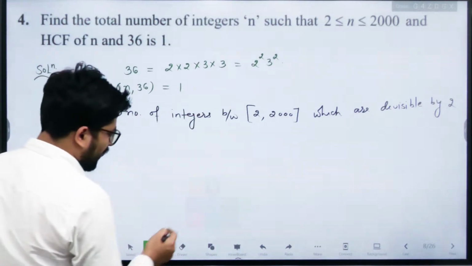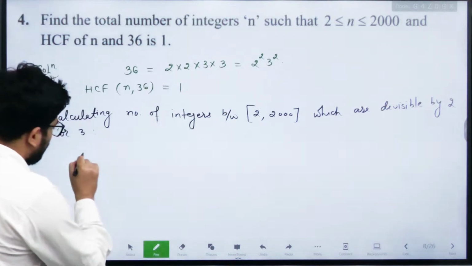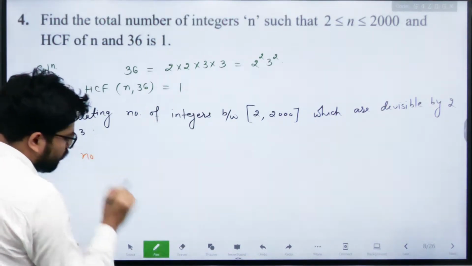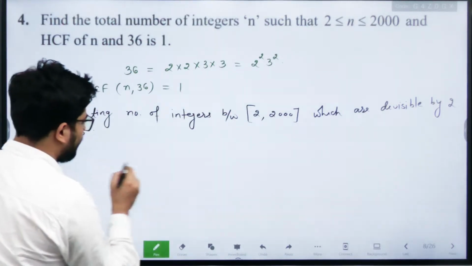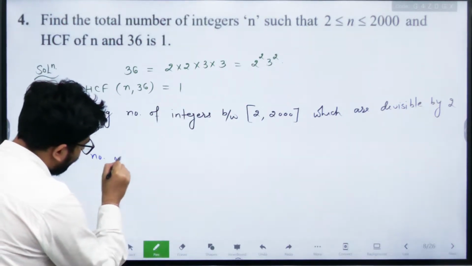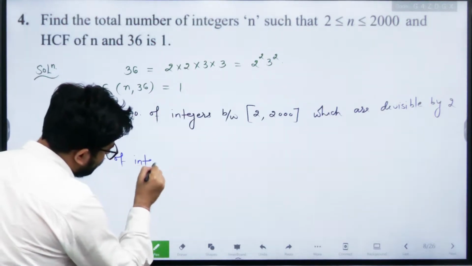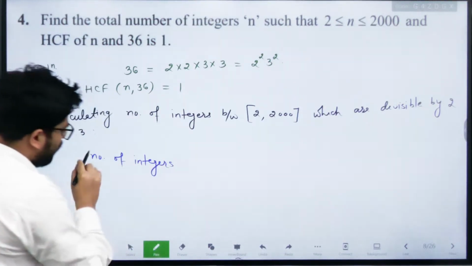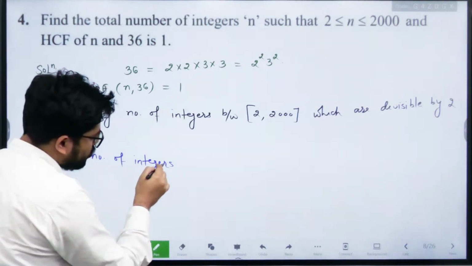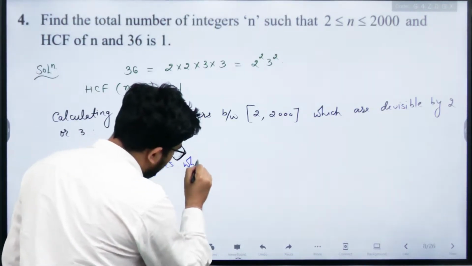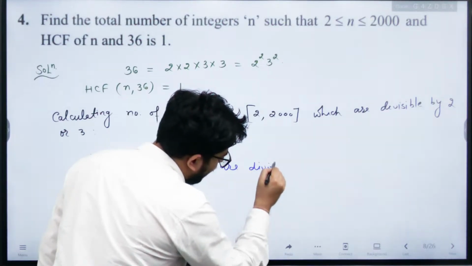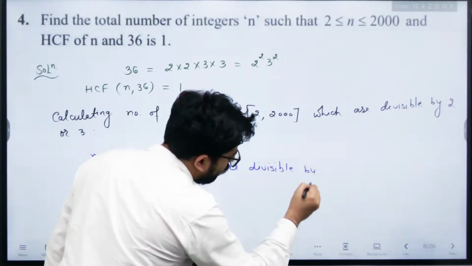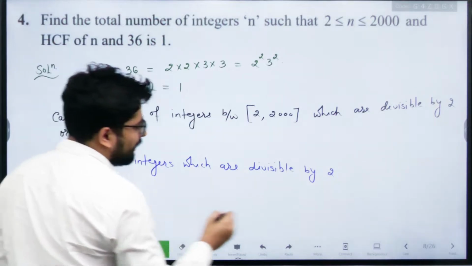So first calculate the number of integers which are divisible by 2.